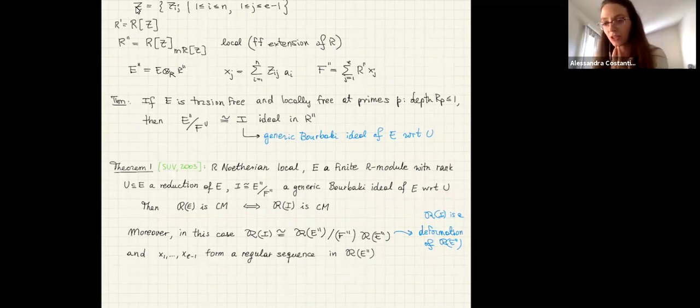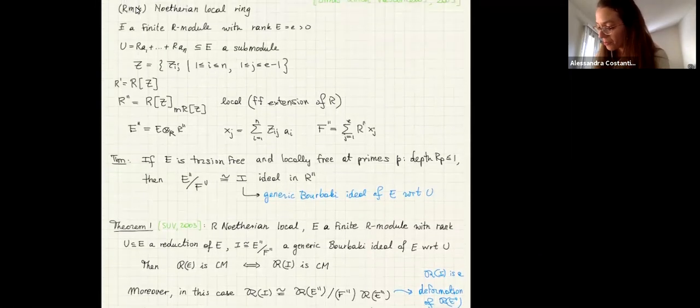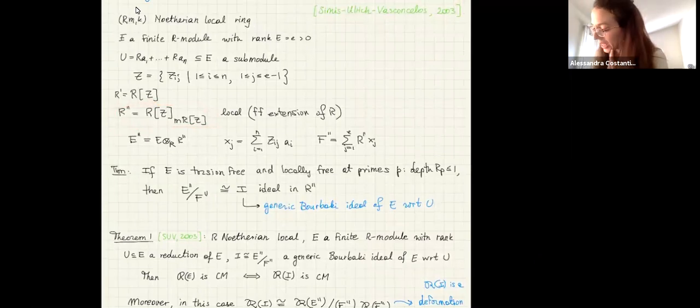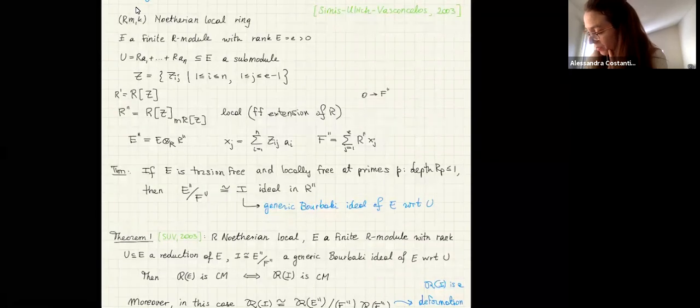But thanks, that was actually a very good question, and it's really part of the need of this. This is called a generic Bourbaki ideal. The generic part comes from extending the ring. As for the Bourbaki ideal, really, here what you have is an exact sequence.